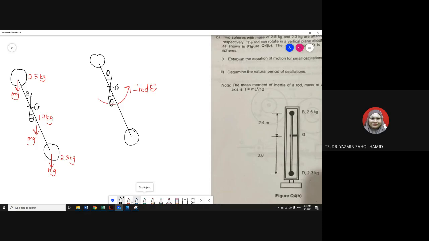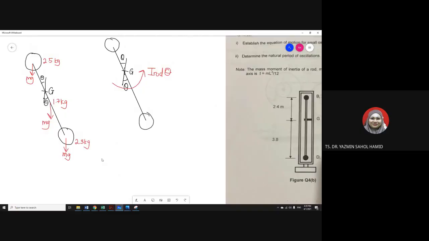Now, there is one more important equation that we need to write here. This equation is going to make your life easy and simpler. If you apply this equation to any question related to mechanical vibration of a pendulum, you will get the answer.